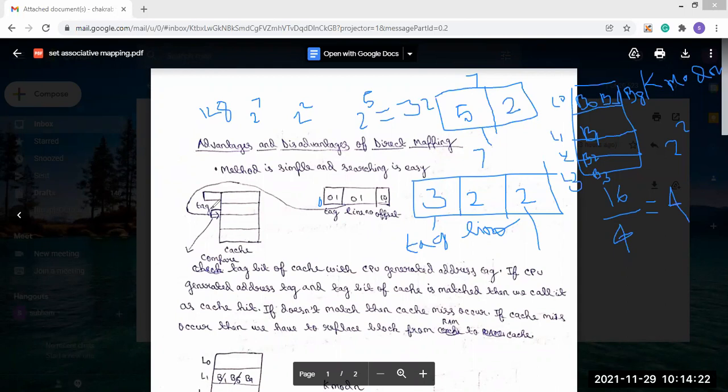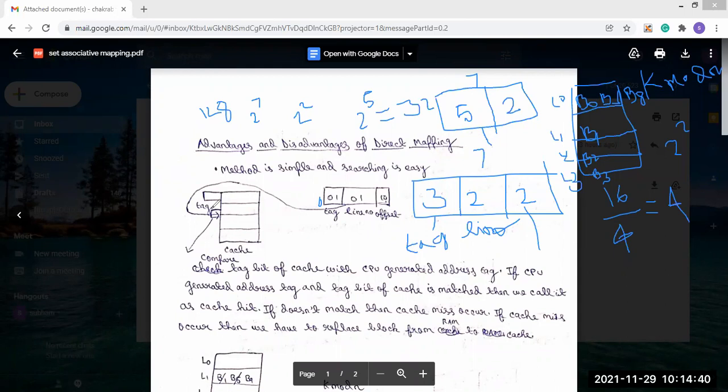Then what do we have to do? The cache miss occurred, and we have to move the particular block which the CPU required. We have to move that block from the main memory to the cache, because that block is not present in our cache at this moment.